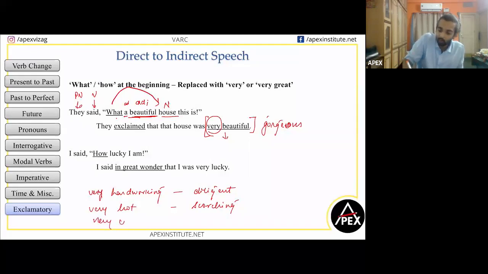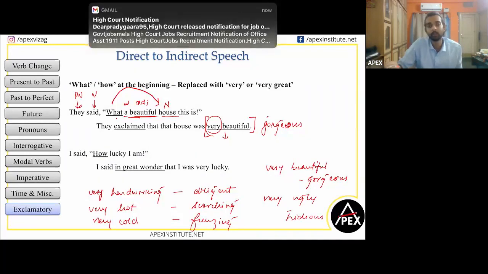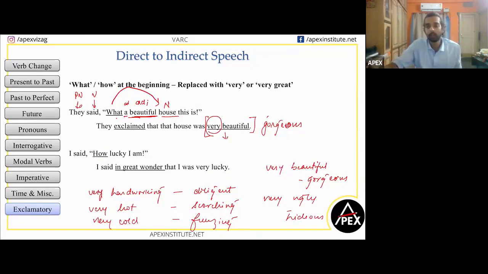Very cold, freezing. Very beautiful, gorgeous. Very ugly, hideous. So if you can just modify your vocabulary a little bit, such that you're using one word instead of two words, your English is becoming even better.